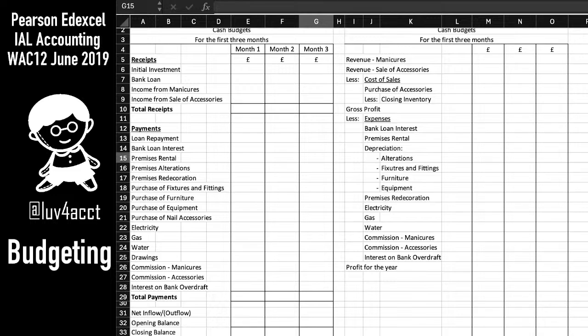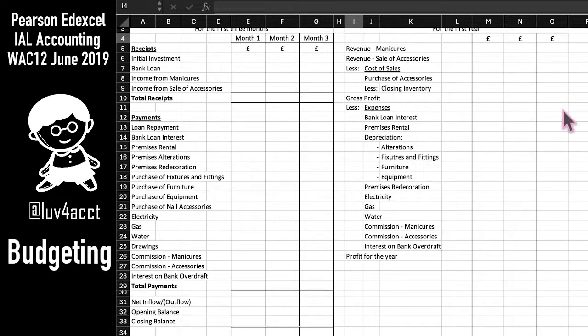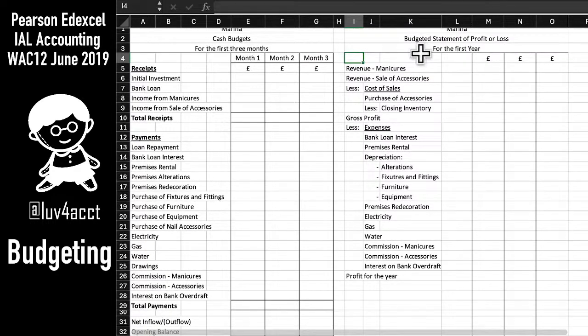Okay, and then net inflow, outflow. Okay, let me see why is the cursor not shown. Okay, here. Wait. Okay, yeah, it's here. Okay, and also you see for the budgeted statement of profit and loss, it is a little bit shorter because some of the items are receipts and payment, but not income and expenses. Okay, so I haven't put any formula on the Excel yet. Okay, I will show as we finish this thing.